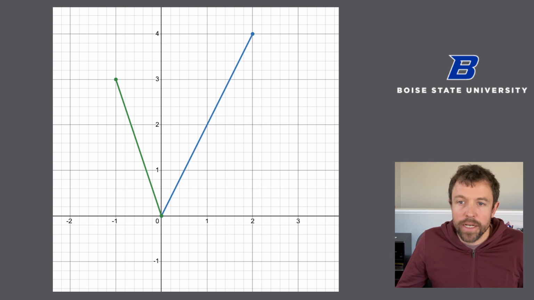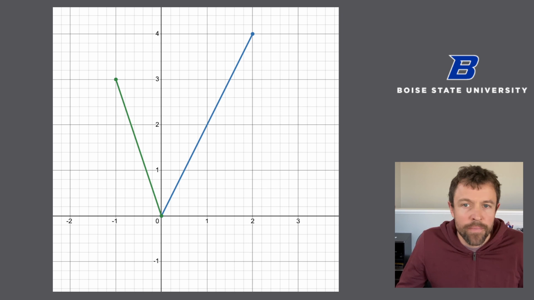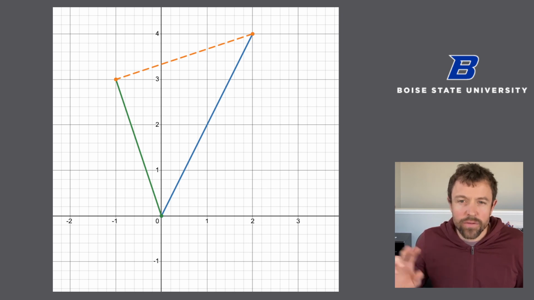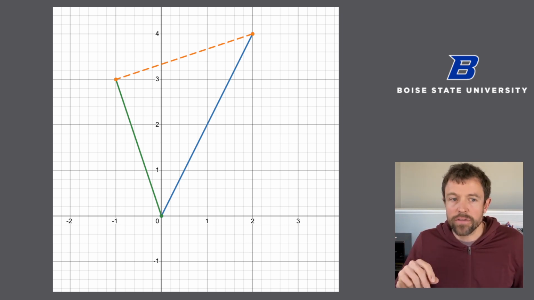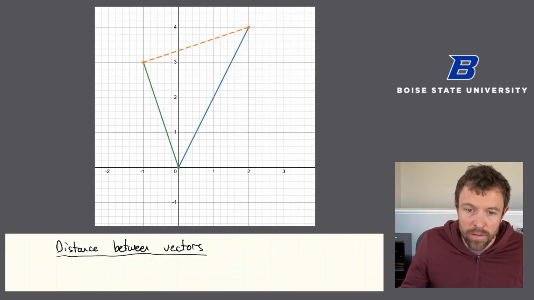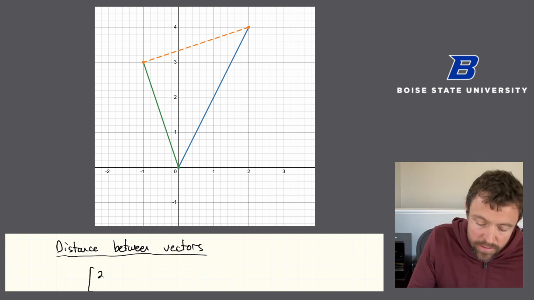Back in two dimensions, if I want to know the distance between these two vectors that I was considering before, remember we think of vectors sometimes as arrows, but sometimes it's just points. The distance should be the length of this orange line. And this orange line, if you think back, represents the difference between these two vectors. In either order, I could do this either way.